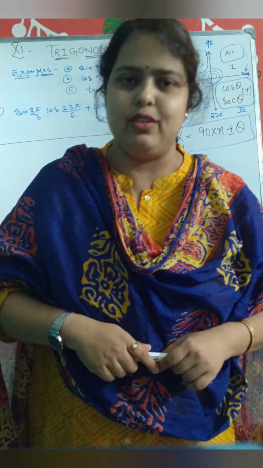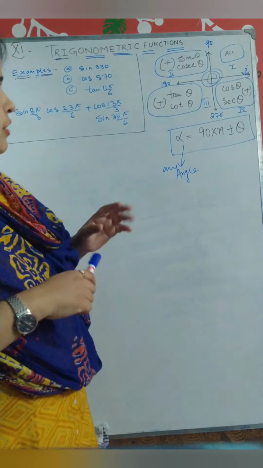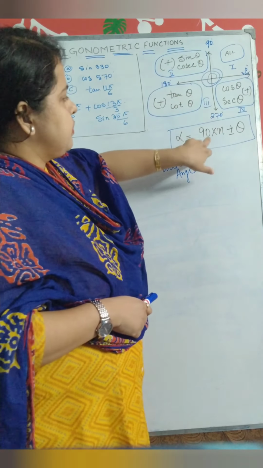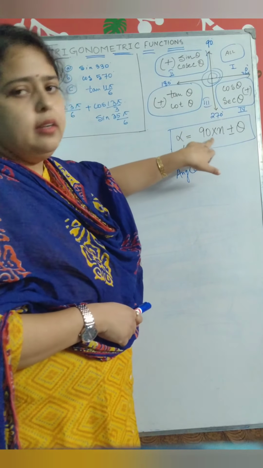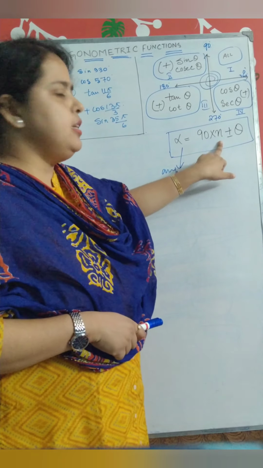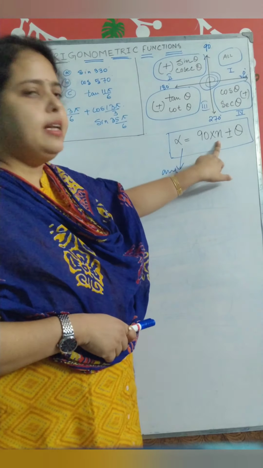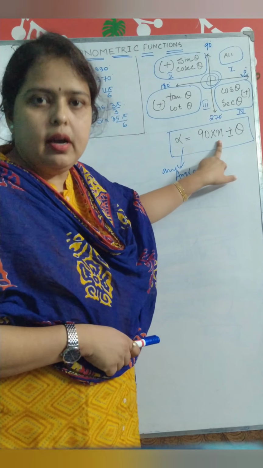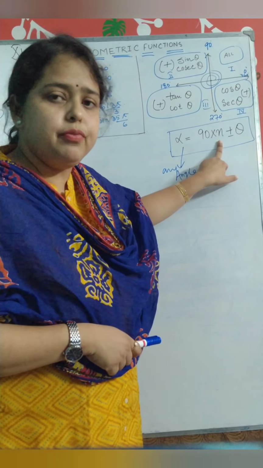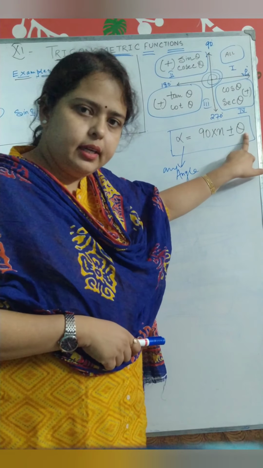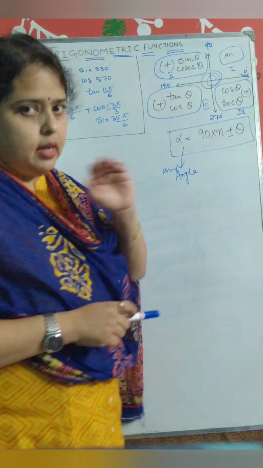So first we have to remember that any angle like alpha can be expressed as 90 into n. What is n? n can be any value, as I said, 1, 2, 3, 4, whatever. Plus or minus theta.